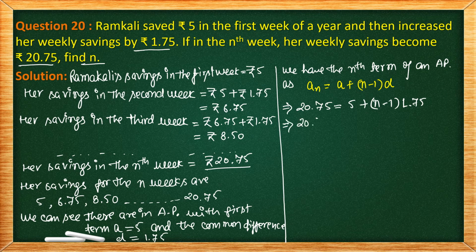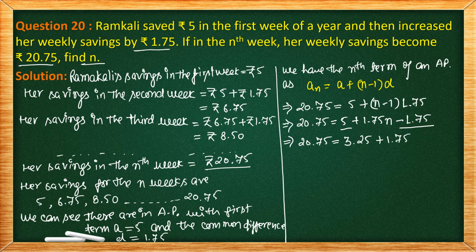So this implies that 20.75 is equals to 5 plus 1.75 n minus 1.75. Subtracting 1.75 from 5, we will have 20.75 is equals to 3.25 plus 1.75 n.